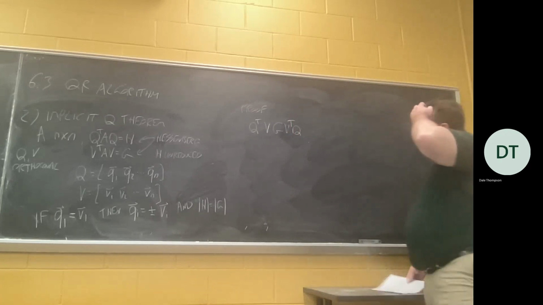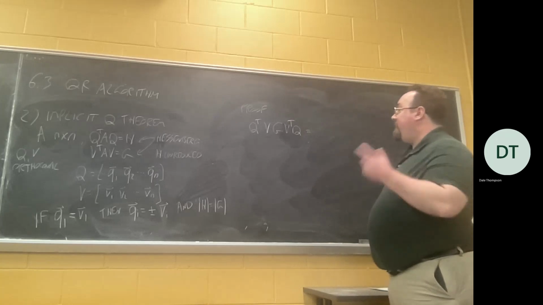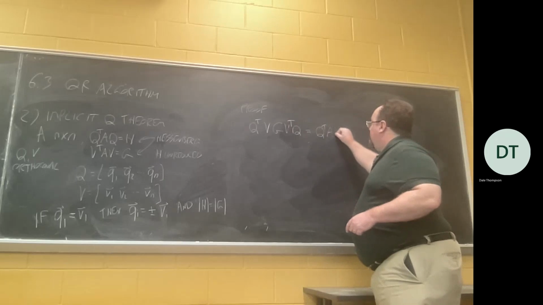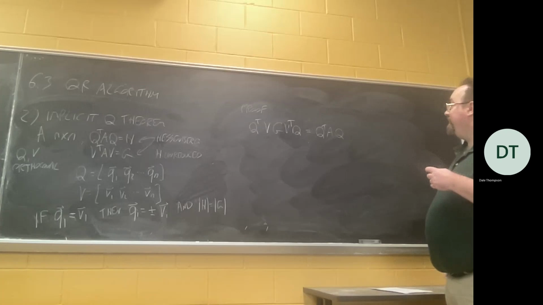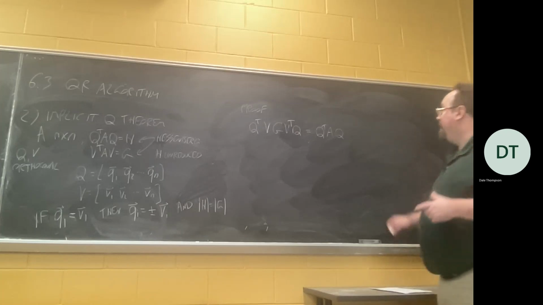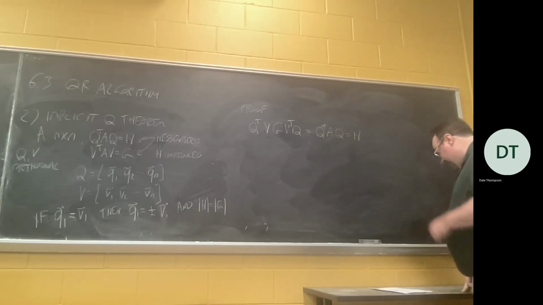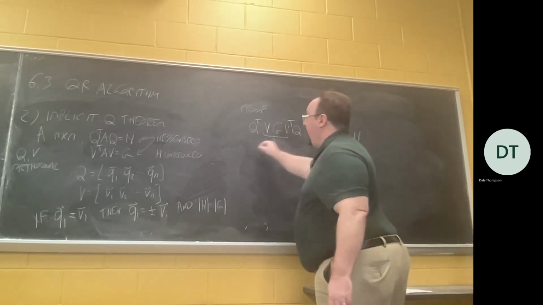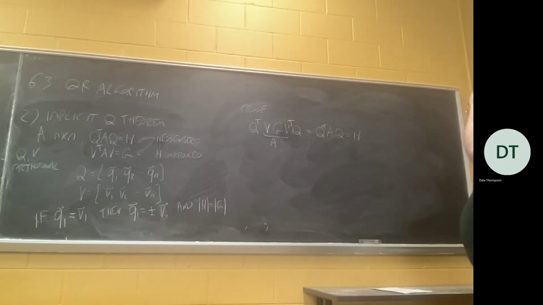Now, V transpose AV is G, and Q transpose AQ is H. Taking V transpose AV equals G and rearranging it, A is V G V transpose.